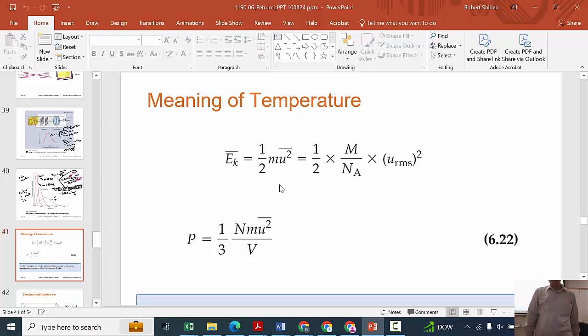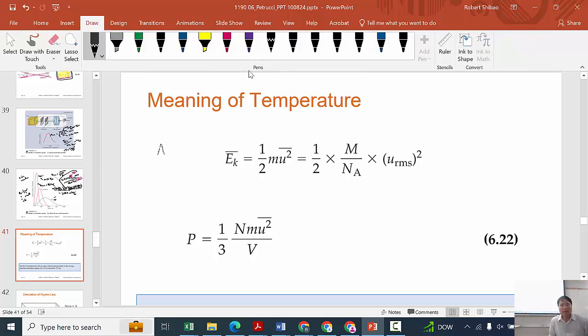So let's do that here. I'm going to calculate the average kinetic energy, and I'm just going to make it a little bit simpler.